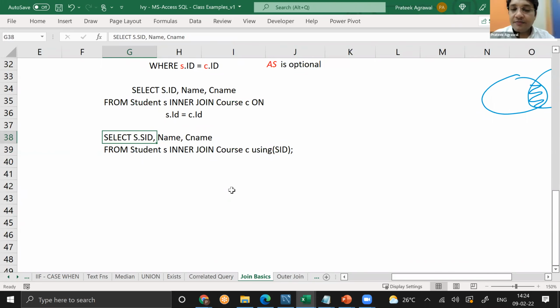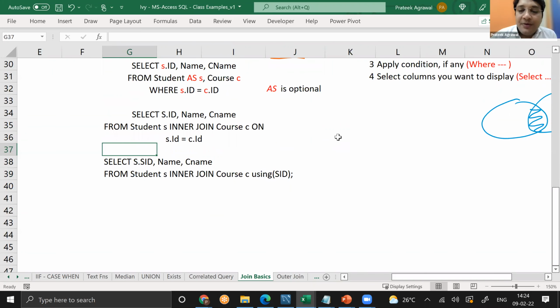Is this clear? So all three methods are the same, and there's no unique usage of any of them. See, I tell you from a speed perspective, Faisal, this method and this method would be faster than this method.